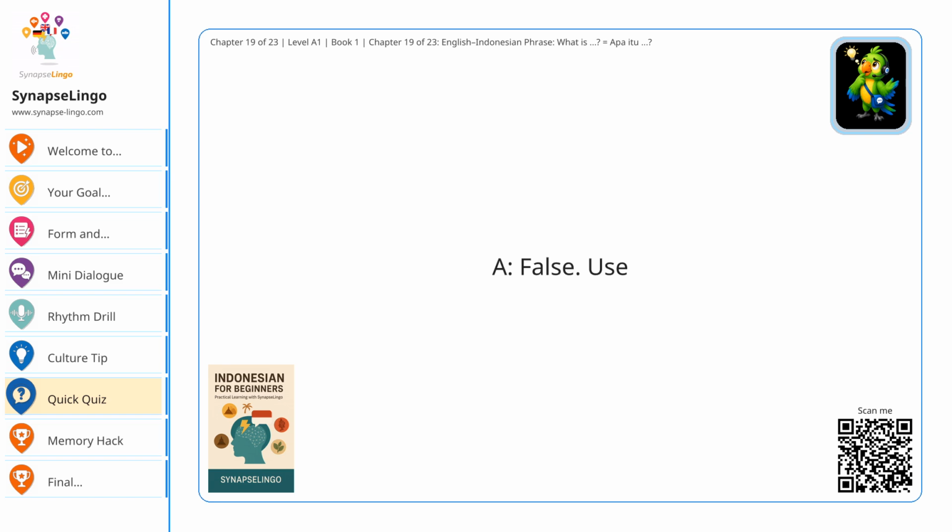A. False, use "Siapa itu?" Q3. Complete: "Apa ___ ___ ___ ___?" A. Yang. Q4. Which is "where," "Di mana?" or "Apa?" A. "Di mana?"